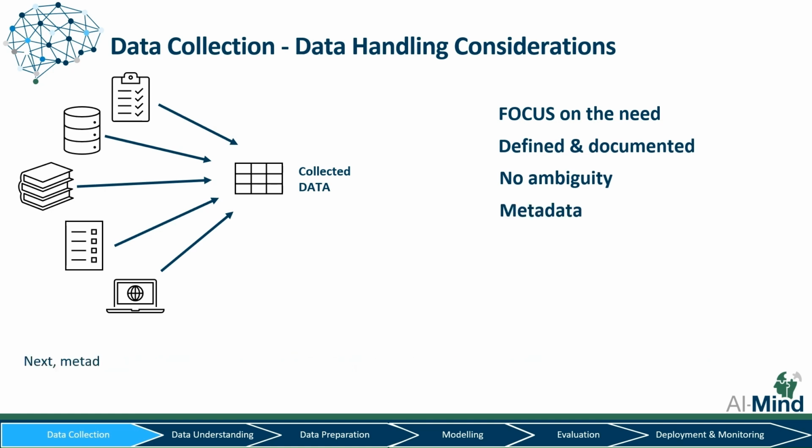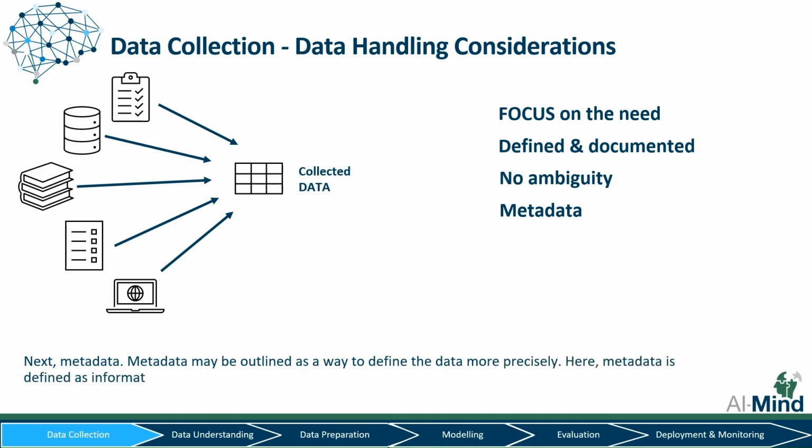Next, metadata. Metadata may be outlined as a way to define the data more precisely. Here, metadata is defined as information that describes the data element. As a minimum, it should include data type.